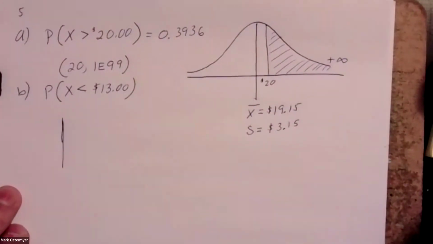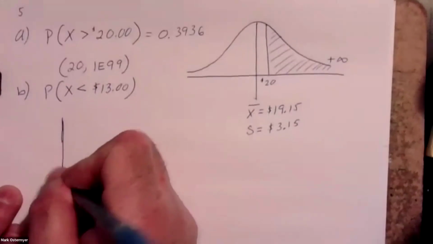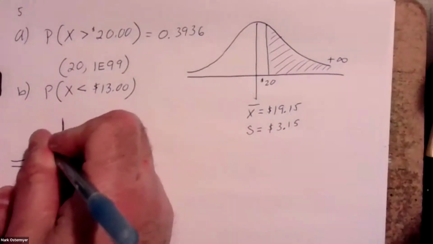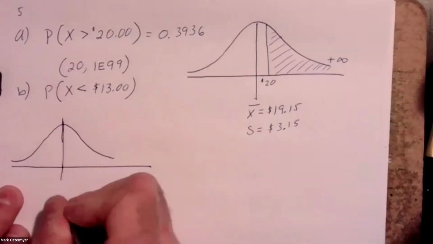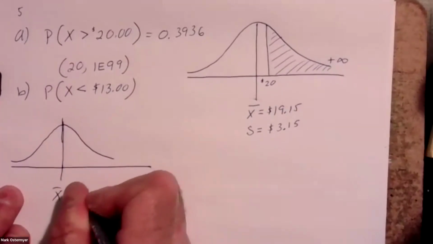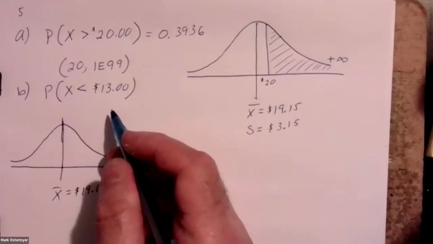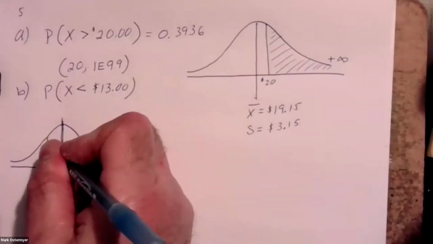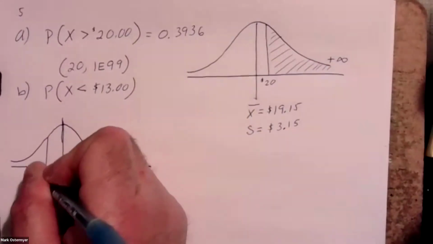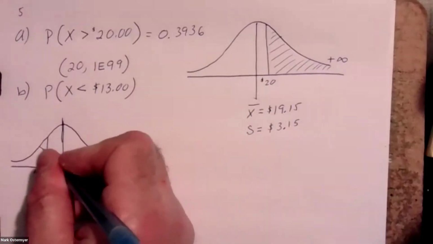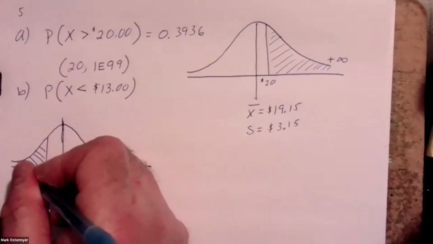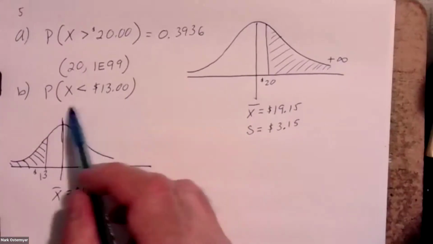Graphically, that probability would be, remember, the mean again is $19.15. So this would be less than $13, which is going to be down here. And we're trying to find this lower tail area here. This lower tail area is really equal to this probability.